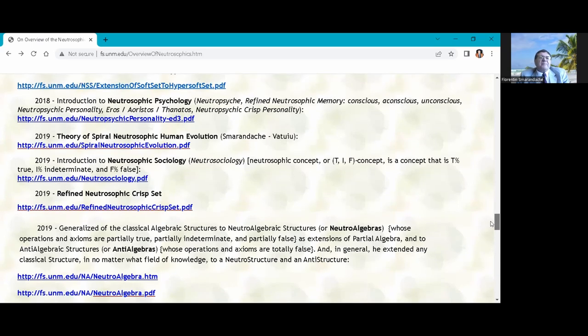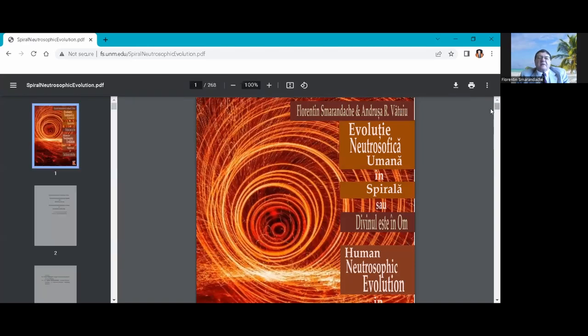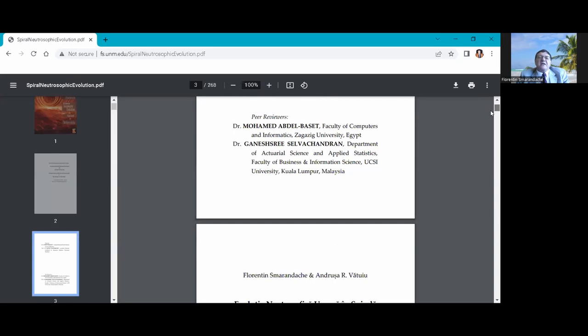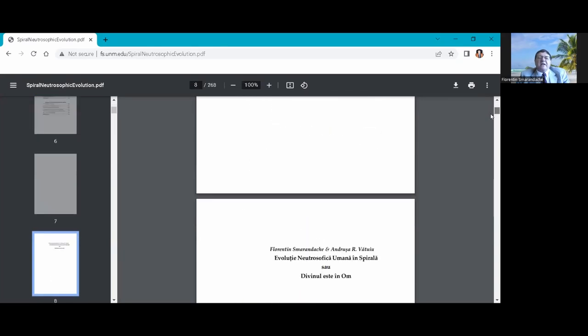by the system. Now, another thing using Neutrosophy was the spiral Neutrosophic human evolution. So evolution is done mostly in spirals rather than linear and directly ascending.